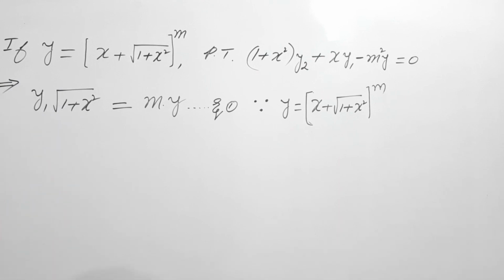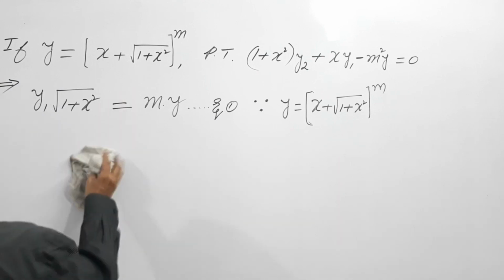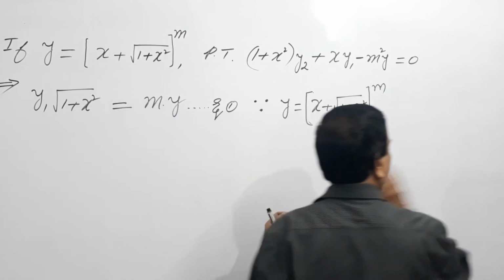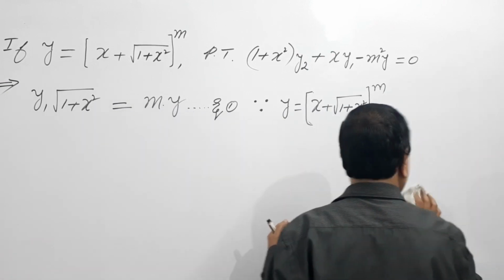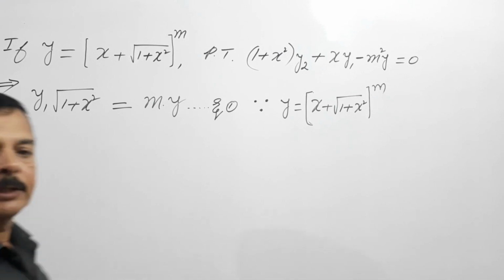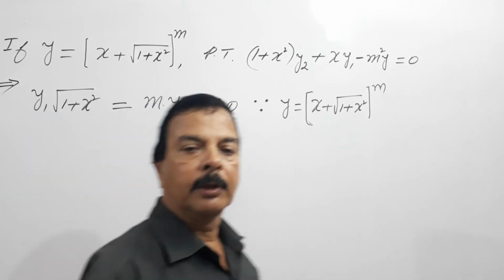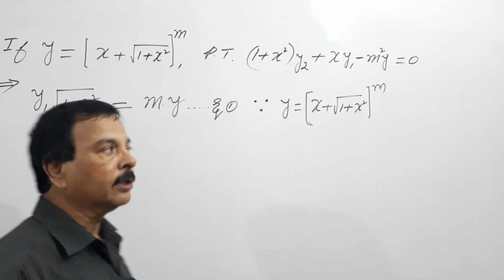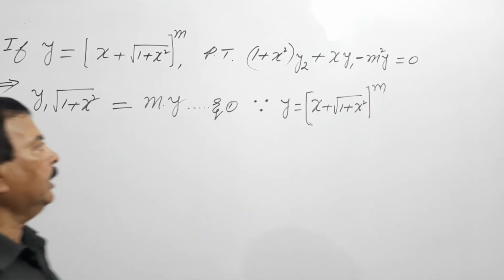So dear students, if you observe the given question, what does he want? He says if y equals x plus under root 1 plus x square whole to the power of m, prove that 1 plus x square into y2 plus xy1 minus m square y equals to 0. So what does it mean to say?